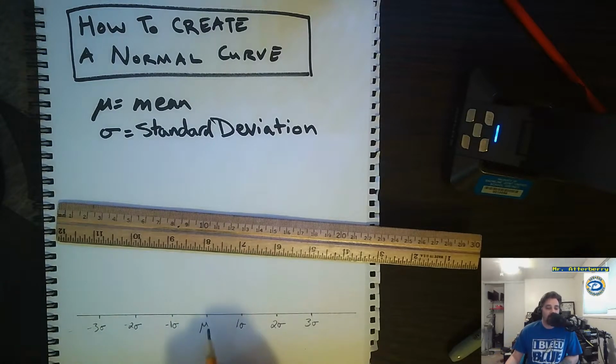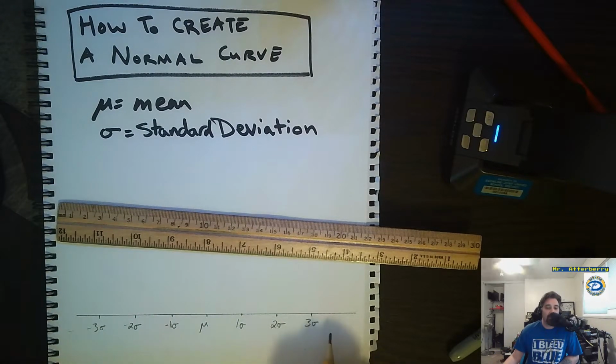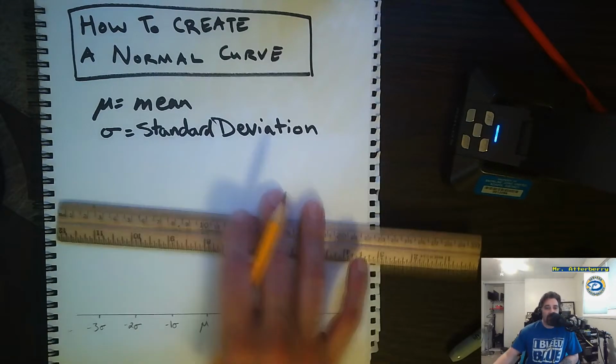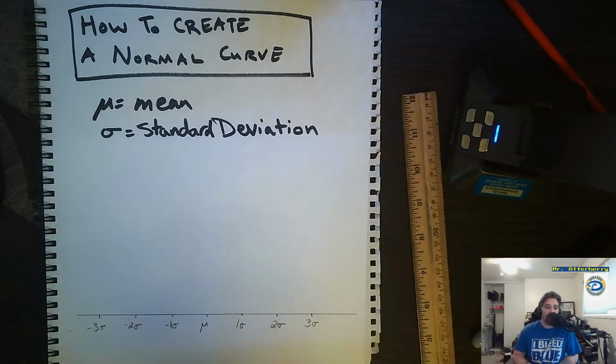So we start with our mean and we go out 3 standard deviations to the right and 3 standard deviations to the left.